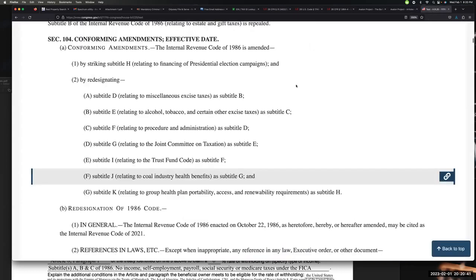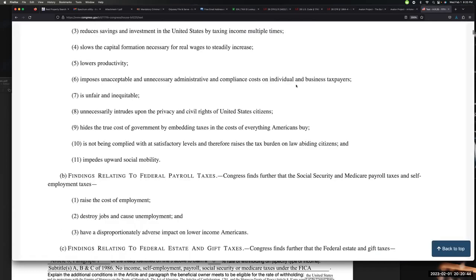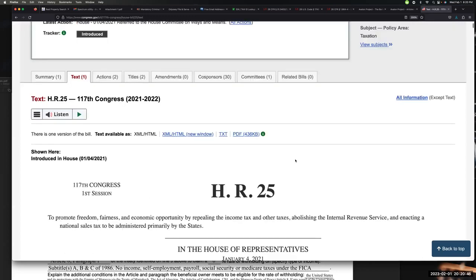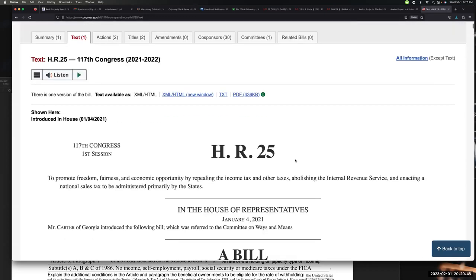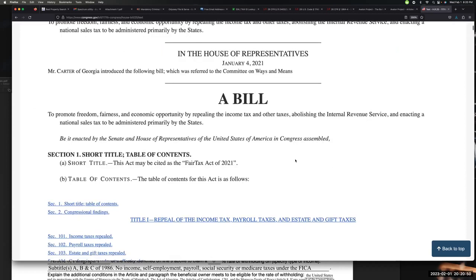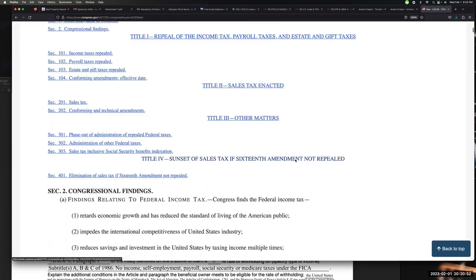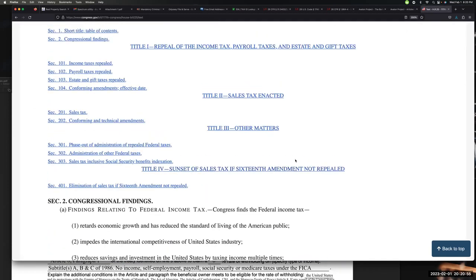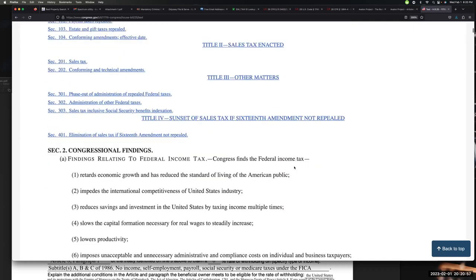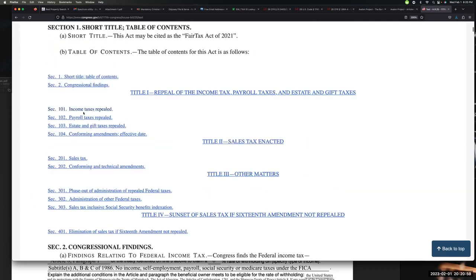Now we go into the Fair Tax Act bill that was presented back in 2021. You want to have a good understanding of sections 101, 102, and 103. How they are trying, or they will, it's in the process.